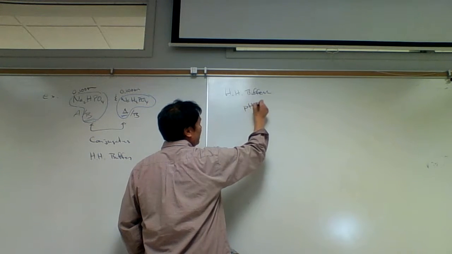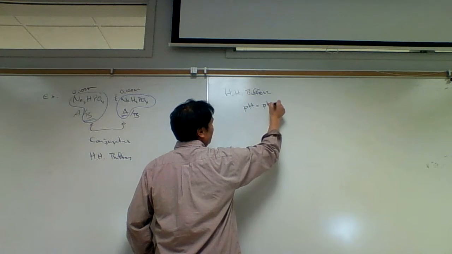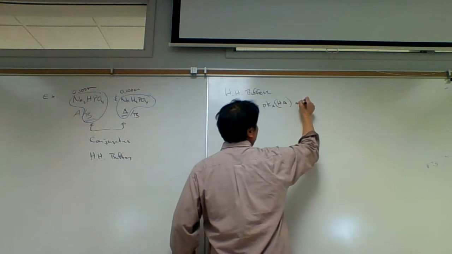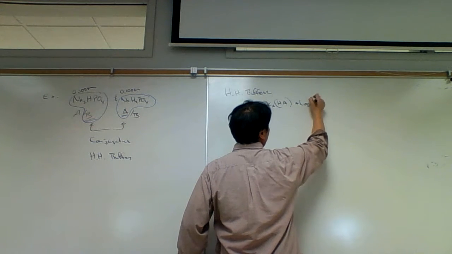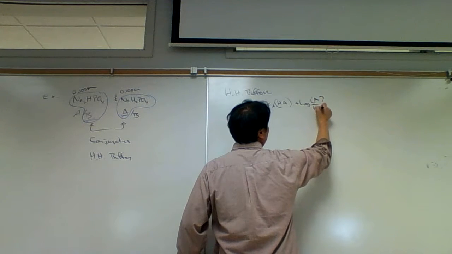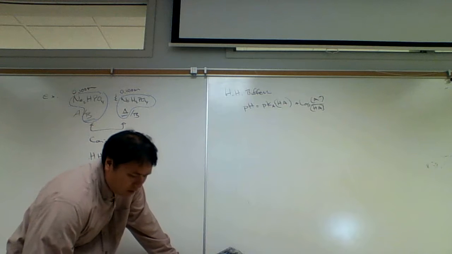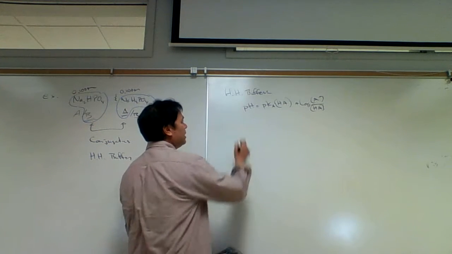HH buffers, the Henderson-Hasselbalch equation works. pH is equal to pKa for the acid plus the log of the base over the acid concentration. There's something called the optimum or the ideal pH.